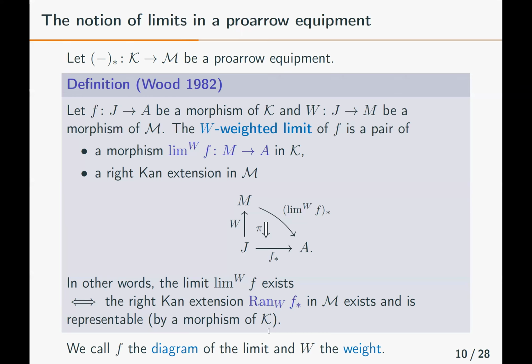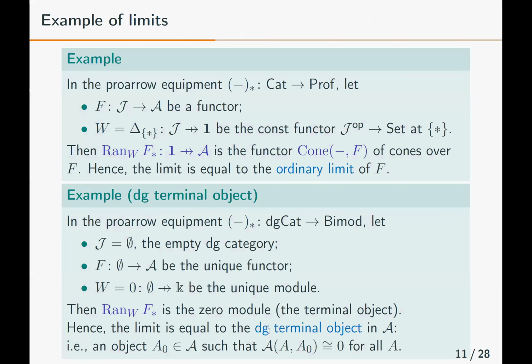As the name suggests, this generalizes the usual notion of limits. Let's look at some examples. For example, first consider the proarrow equipment of categories.